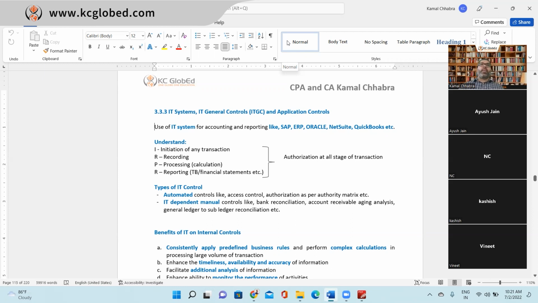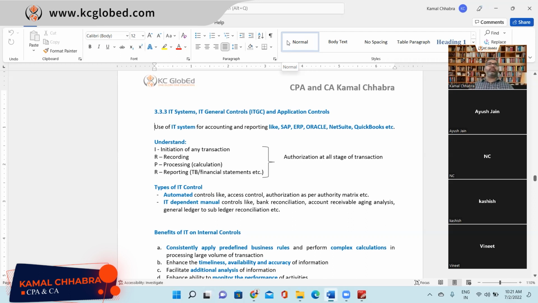Let's say, for example, you are making a sales transaction. Say you go to Amazon and purchase a shirt. When you are entering your details, that is initiation, right? When you select the shirt and go to payment, and once you make the payment, it automatically generates the invoice.